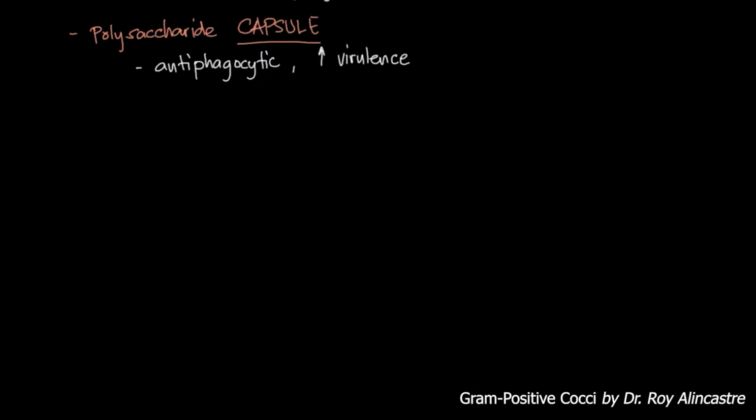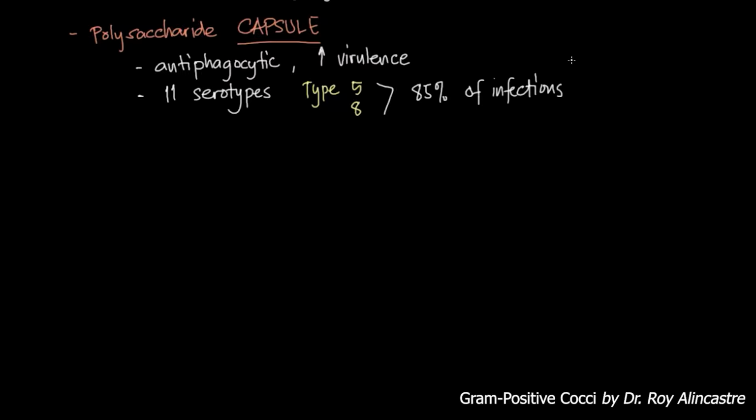There are 11 serotypes based on the antigenicity of the capsular polysaccharide, but types 5 and 8 cause the majority of the infections, about 85%. Now, the capsule is poorly immunogenic, meaning it does not cause an immune response in the body of the host, which has made producing an effective vaccine very difficult.